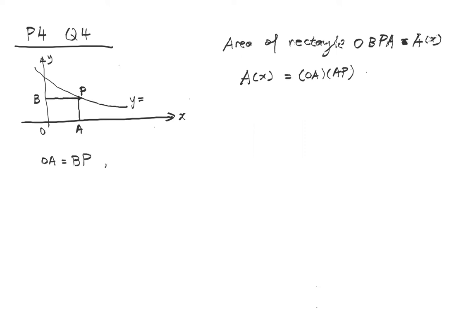And coordinates of P is X. I let the X coordinate of P be X, and the Y coordinate of P will be e to the power of negative X. So I will write down OA is X. All right? And my AP is the Y coordinate of P, am I right?